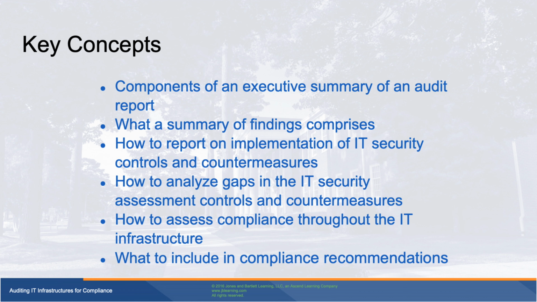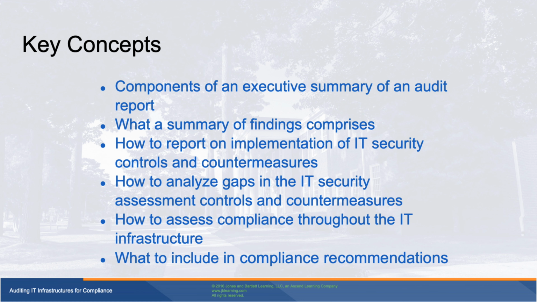So the first thing we're going to do in this chapter is talk about the different components, what sections you should have in the executive summary of a report, and then the parts of the report. We're going to have a section to report about the controls and countermeasures, whether they're effective or they need to be replaced.